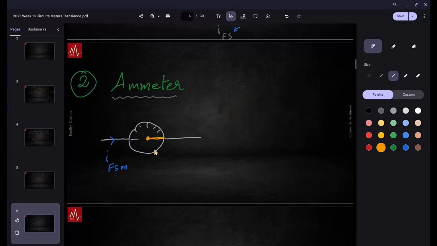So notice the current through the meter is IFS. How do you represent this? Same thing. It's essentially the same meter.